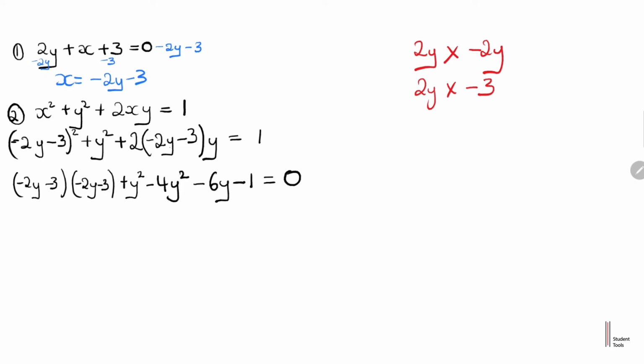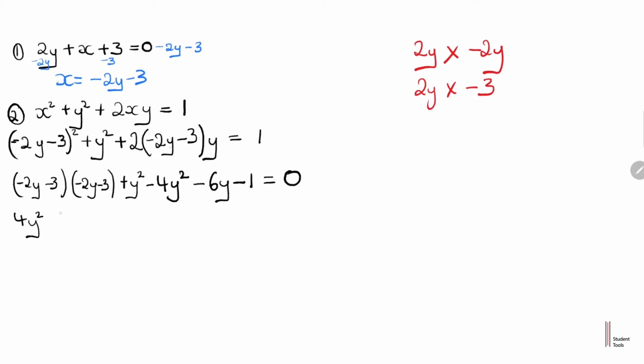So to expand these brackets, we have minus 2y multiplied by minus 2y. Because we are multiplying a negative and a negative, it means we are getting a positive. So it will be a positive 4y squared. Also we have minus 2y or a negative 2y multiplied by 3.